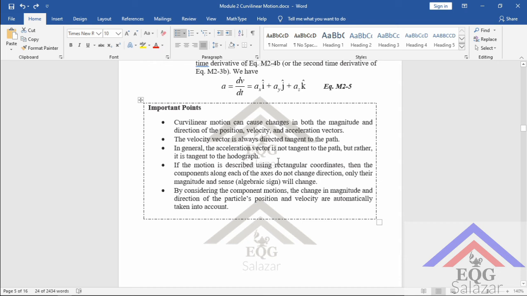If the motion is described using rectangular coordinates, then the components along each of the axes do not change direction, only their magnitude and sense or algebraic sign will change. And by considering the component motions, the change in magnitude and direction of the particle's position and velocity are automatically taken into account. So this is pretty straightforward stuff.